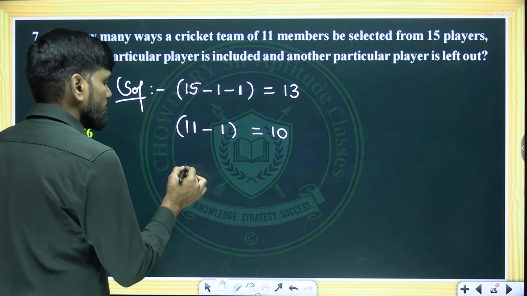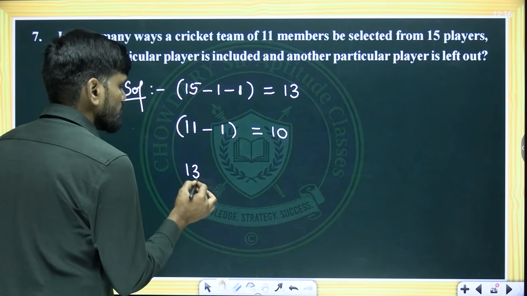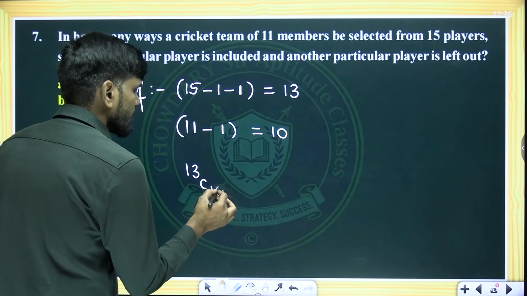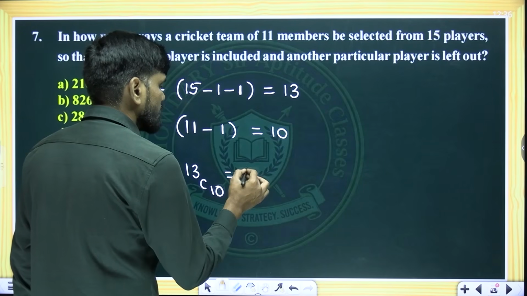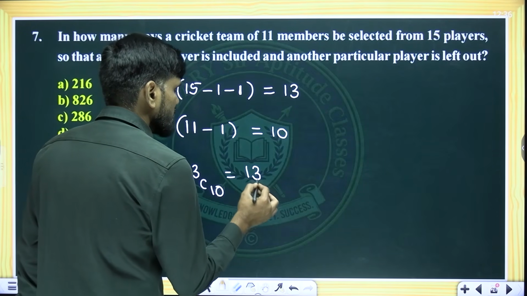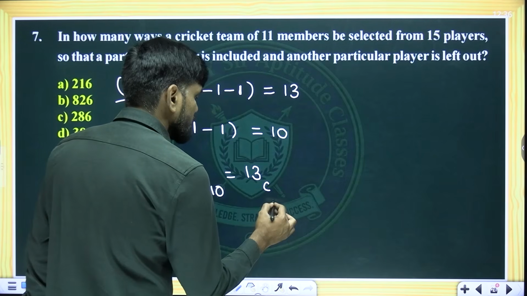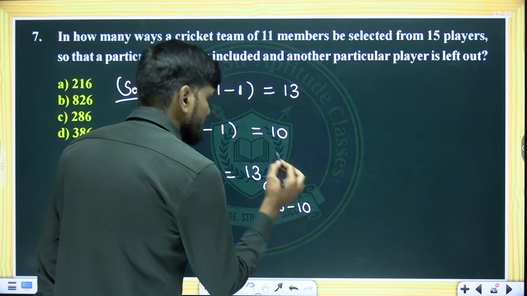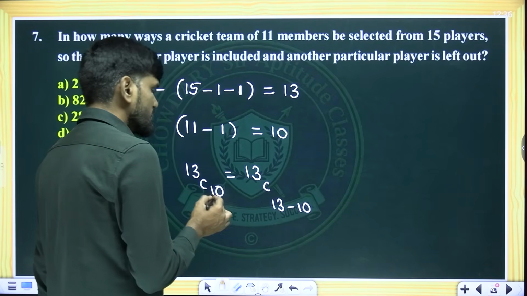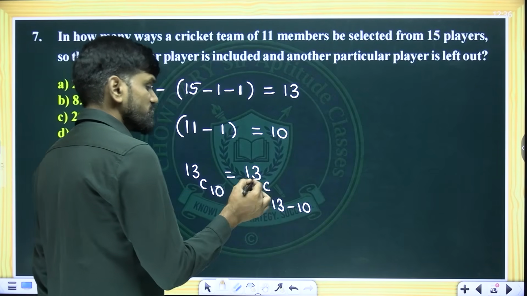Hence that can happen in how many ways? From 13 people you have to choose 10. As R is more than half of N, nCr equals nC(n minus r). That can be written as 13C(13 minus 10), as R is more than half of N, I am using this logic.